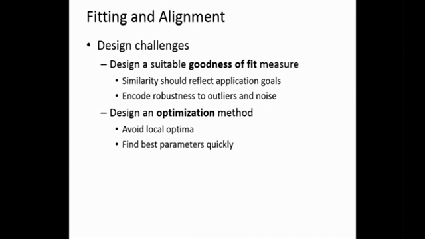Often the challenge is trying to avoid local optima. That means that you want to find the best solution, not just a solution such that if you slightly change the parameters, it gets worse. And you want to try to find the best parameters quickly.